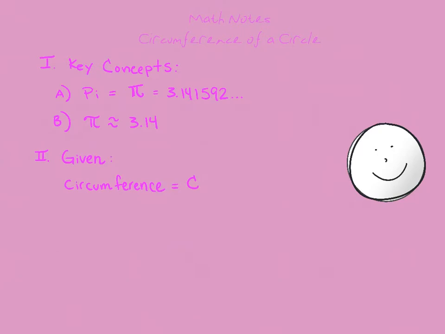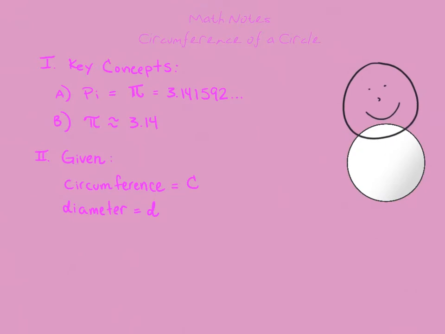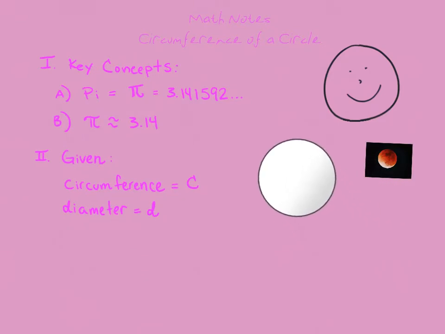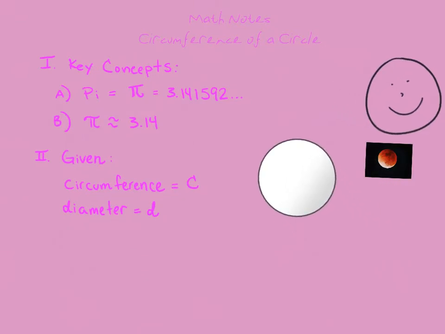We're going to make another assumption that diameter is equal to the variable d, lowercase d. And remember, diameter is, let's have our friend Alfred help us. Alfred, do you mind lending us a circle? Thank you. Thanks, Alfred, I appreciate that.